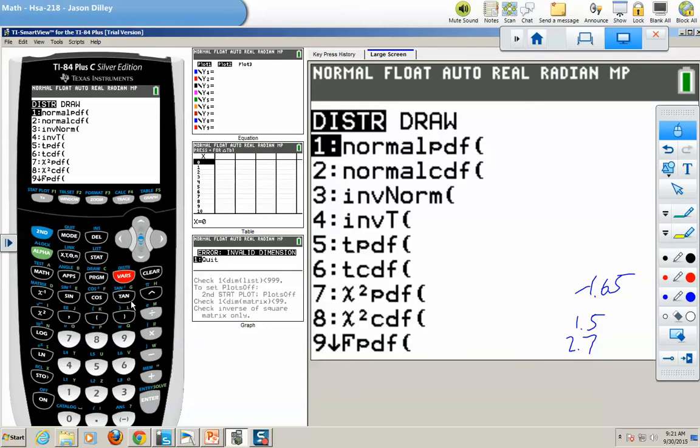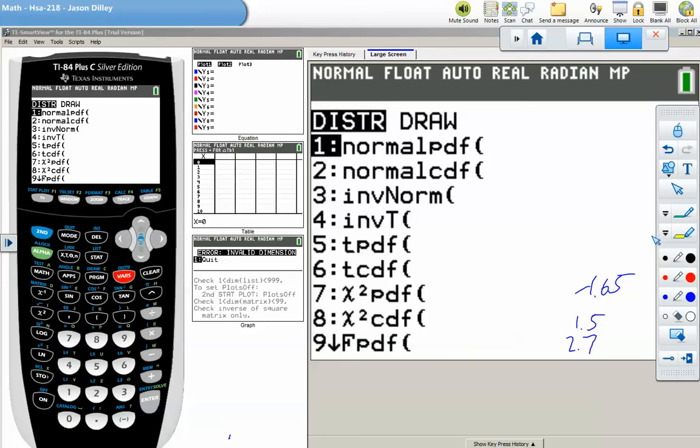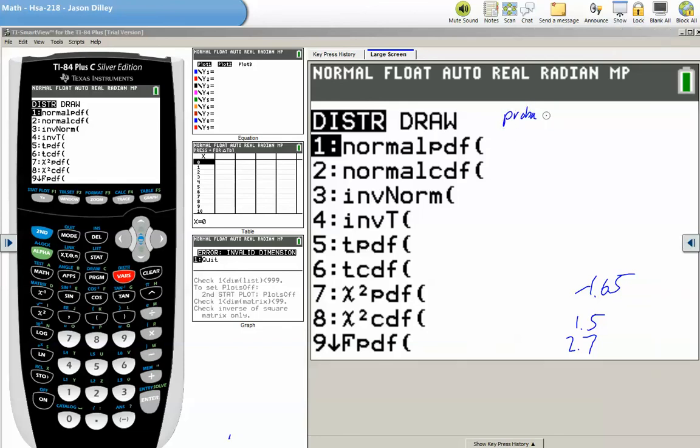The PDF stands for probability density function. And the CDF stands for cumulative density function. There's probability density function and there's cumulative density function.